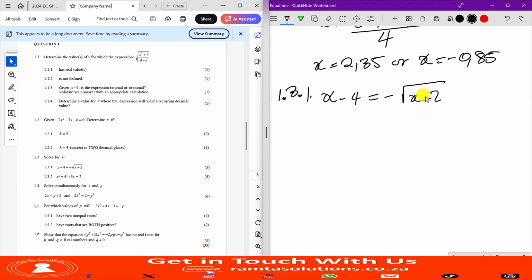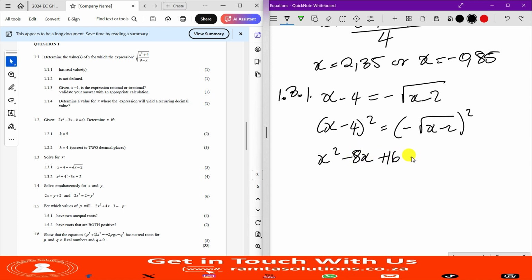So let's see, for example, I will square both sides. It'll then be x squared minus 8x plus 16 equals, negative times negative is positive, then we have x minus 2. Proceeding, we have x squared minus 9x plus 18 equals 0.